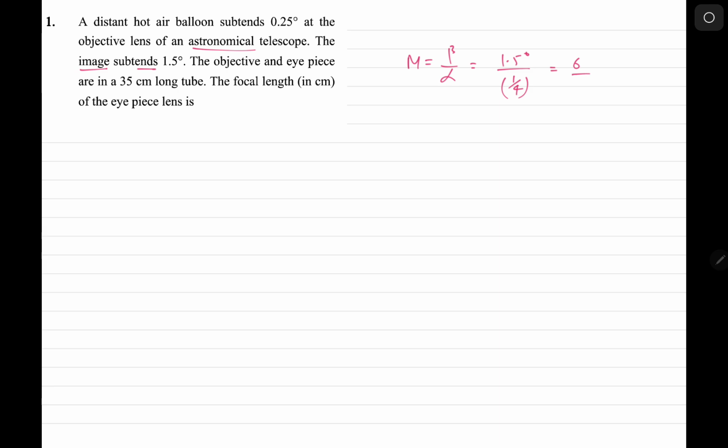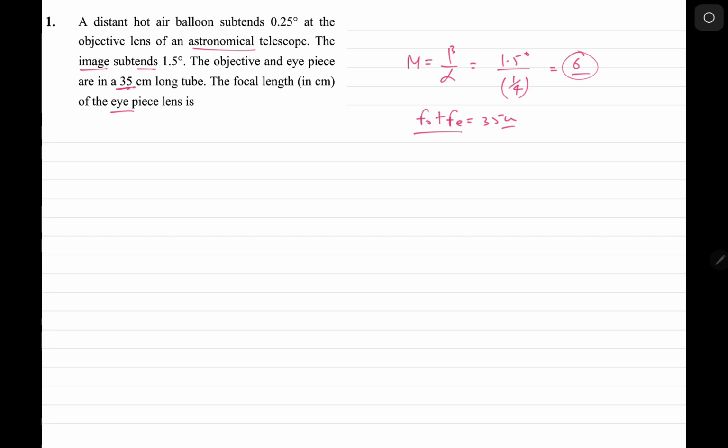Now it's asking, the objective and eyepiece are in a 35 centimeter long tube, the focal length of the eyepiece. The length of the tube is 35 centimeter and the magnification is 6 here. So FO plus FE is equal to 35 centimeter. We are considering normal vision, by default we can take it as that.